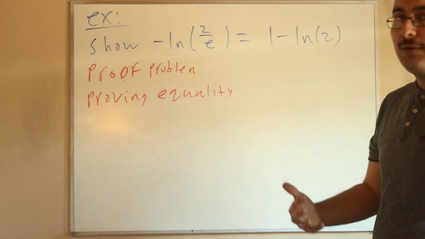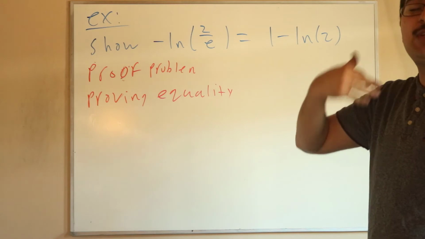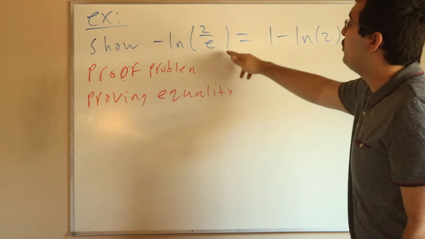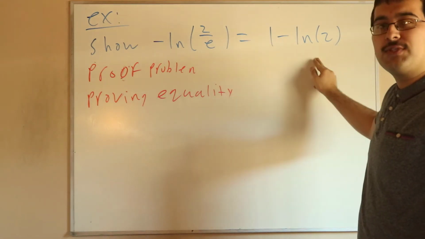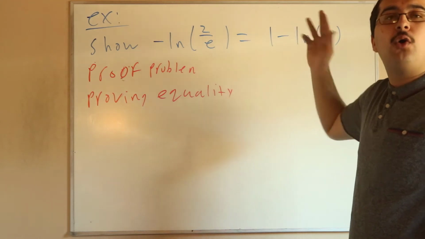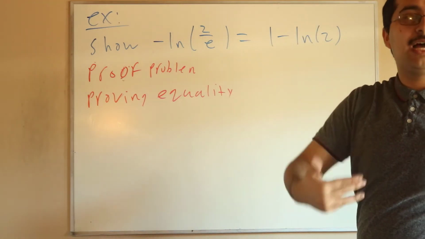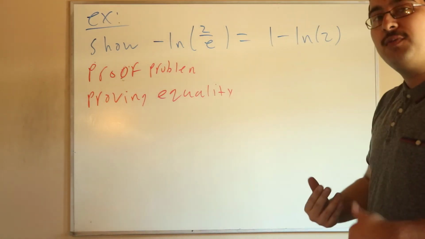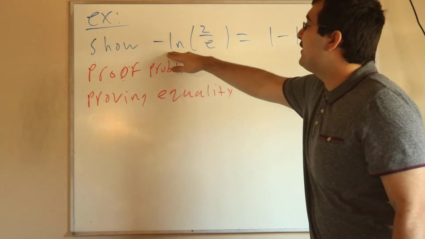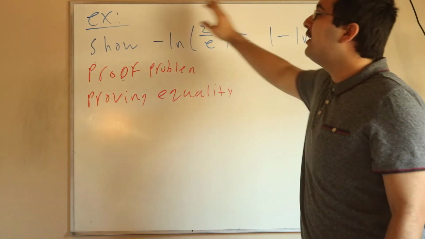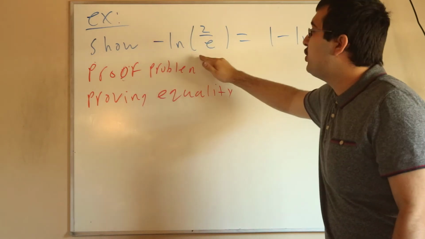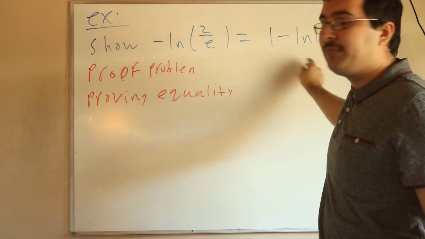No, that's not allowed. In order to successfully solve this problem, you have to choose one side of your equality and only work with that one side. So what I'm going to do for this example is take this side of the equality, only work with this side, and show that it equals this expression.